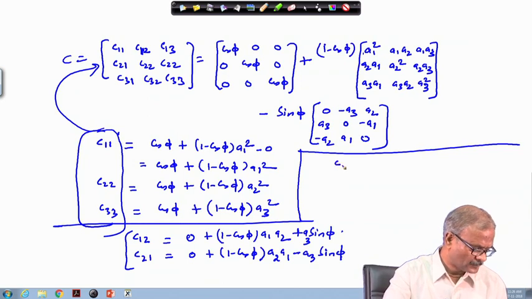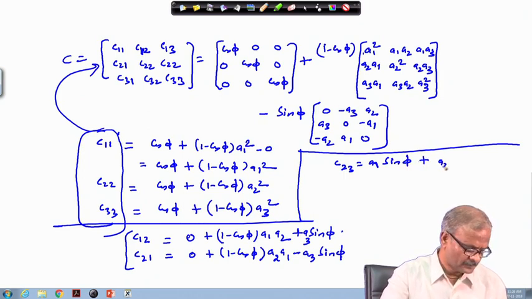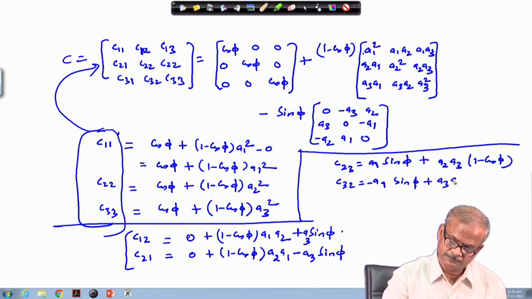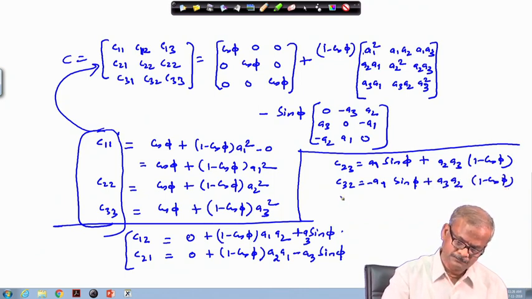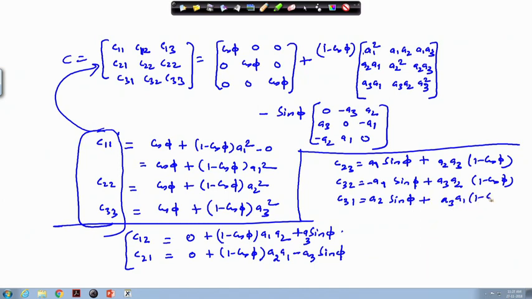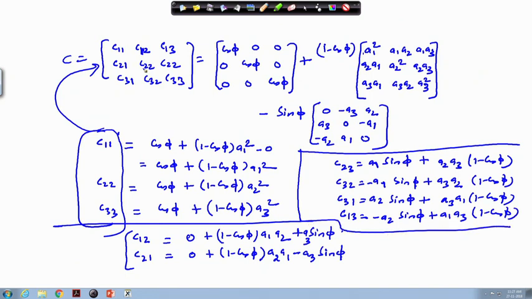So, we will have C 23 equal to A 1 sin phi plus A 2 A 3 times 1 minus cos phi, C 32 equal to minus A 1 sin phi plus A 2 A 3 times 1 minus cos phi, and C 31 equal to A 2 sin phi plus A 1 A 3 times 1 minus cos phi, and C 13 equal to minus A 2 sin phi plus A 1 A 3 times 1 minus cos phi. So, this way all the elements of this C matrix are known.